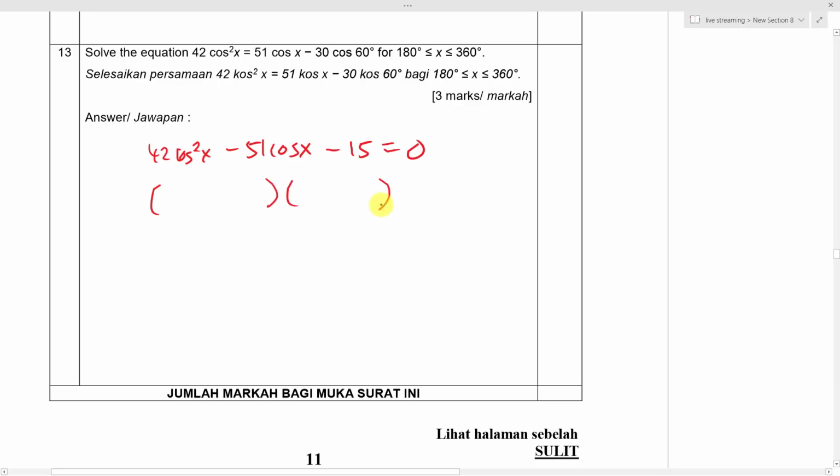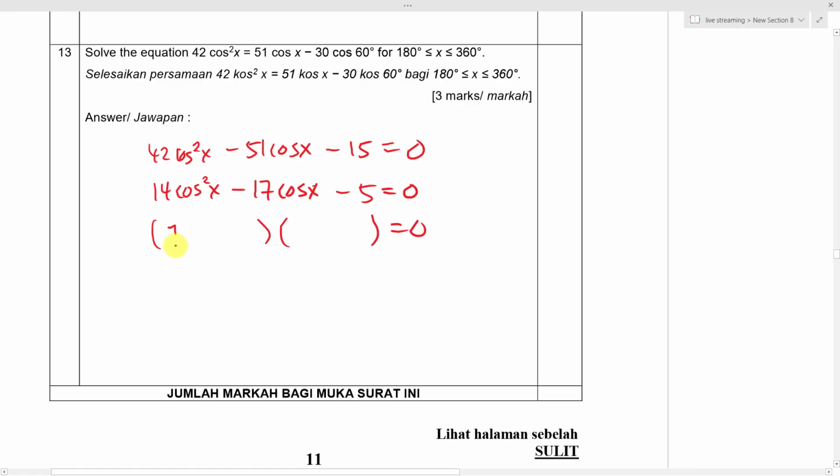It's a quadratic, but the numbers are so big. 51 divided by 3 is 17, nice, so I simplify everything by dividing by 3. So this is 14 cos² x minus 17 cos x minus 5 equals 0.